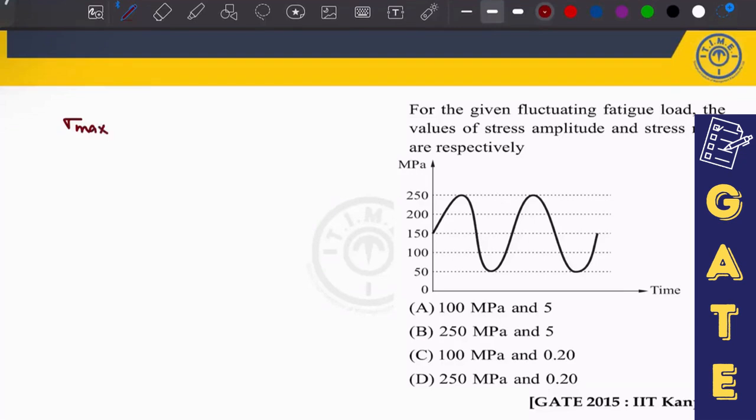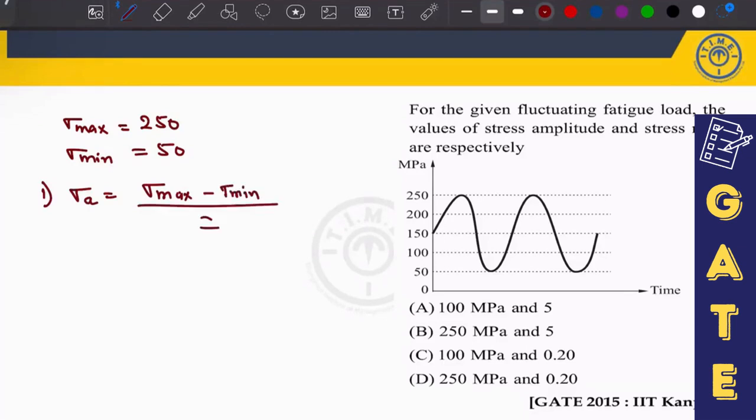So sigma max is nothing but 250, sigma min is nothing but 50. So the stress amplitude, you already know, is sigma max minus sigma min divided by 2, which is nothing but 250 minus 50 divided by 2, which is 100 megapascal.